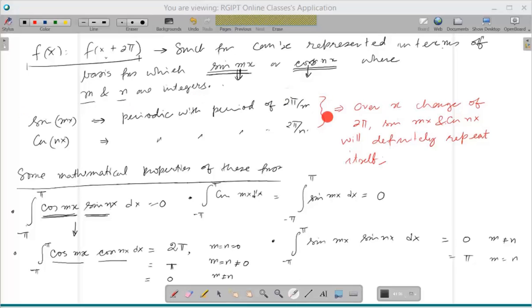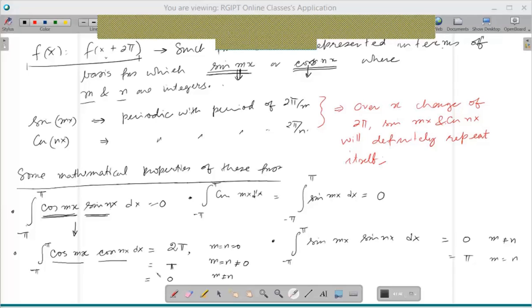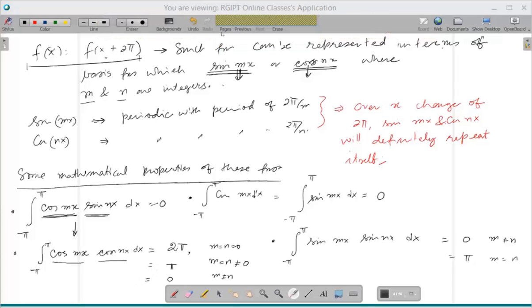First of all, they satisfy the same kind of periodicity as desired with the function, and then they also form a mutually orthogonal basis. Their overlaps are 0. That is a very useful property and it's very convenient. That leads to a lot of simplified maths that we can do with any function.